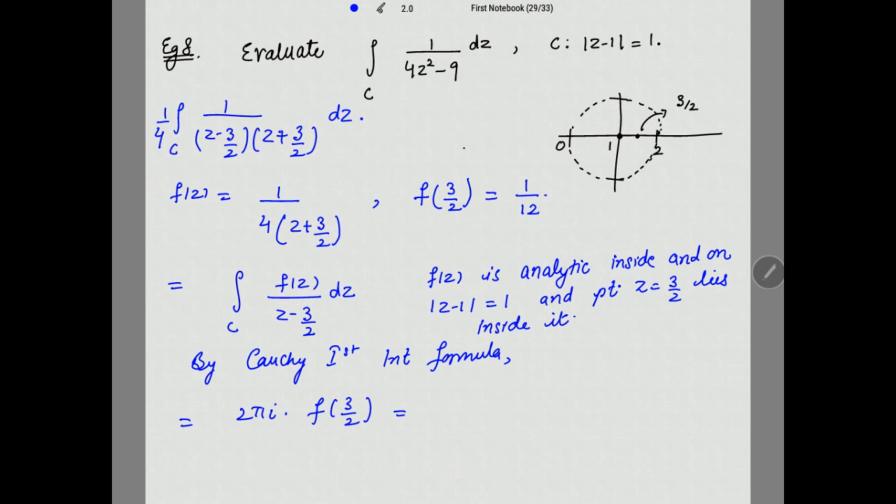If you solve, this will be pi iota over 6. Is this clear to all of you? Okay. Next.